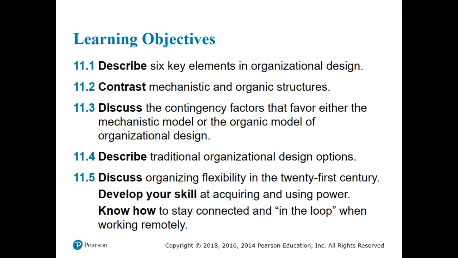Then we're going to describe traditional organizational design options. Then we're going to discuss organizing flexibility in the 21st century, develop your skill at acquiring and using power, and know how to stay connected and in the loop when working remotely.